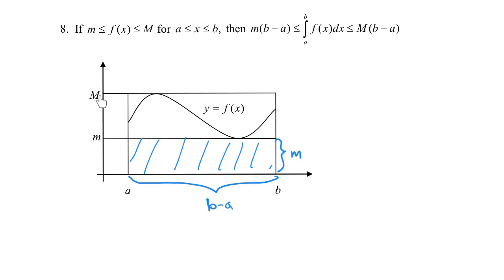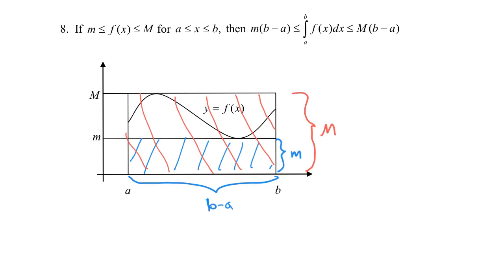Well, big M is right here, right? Here's big M, this whole distance, where little m is this distance. So big M times b minus a, of course, is all of this.